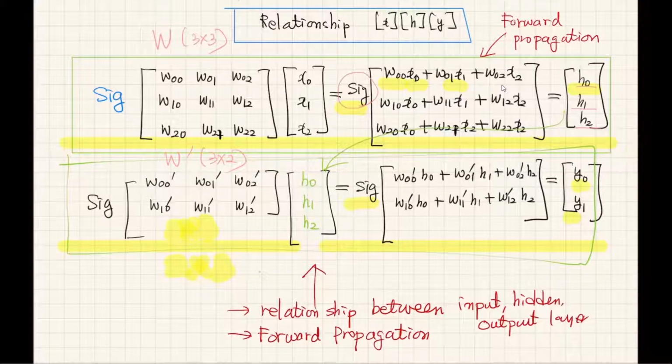So this hidden layer output becomes the input of the next layer, and that is multiplied with this W dash matrix, and it becomes the input of this sigmoid function, and this sigmoid function output will be the final output of the deep neural network.